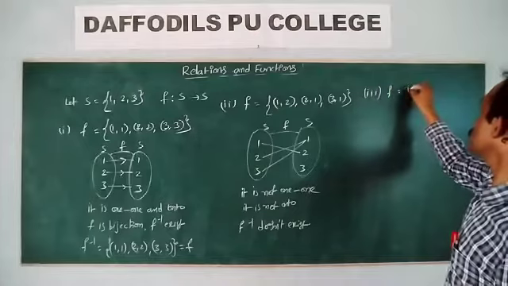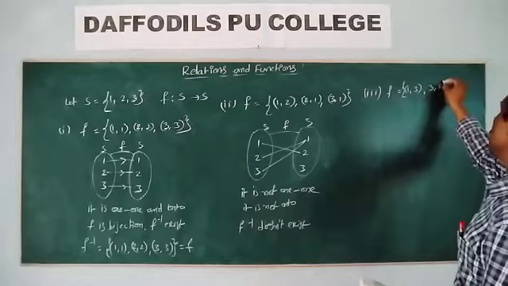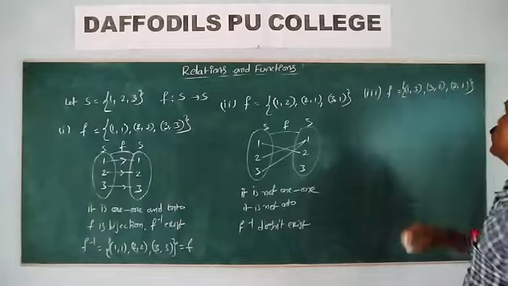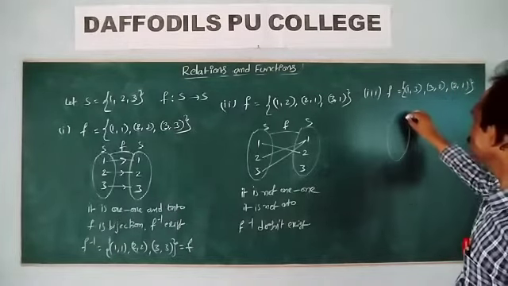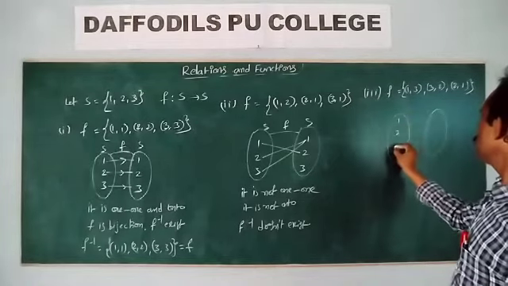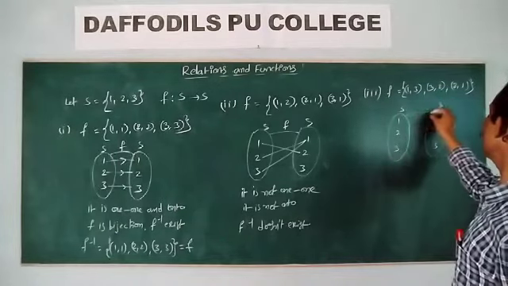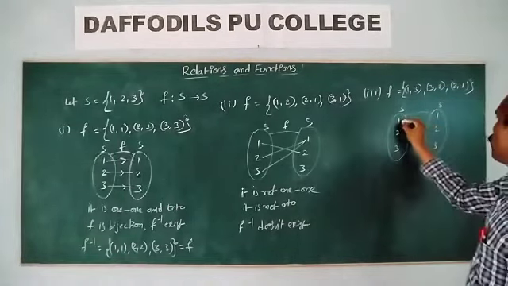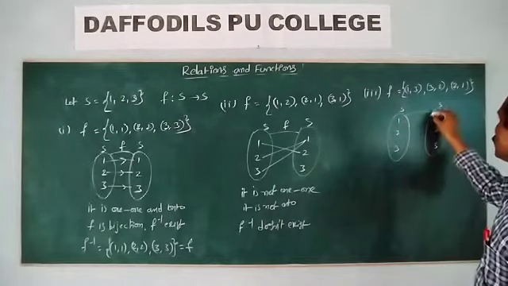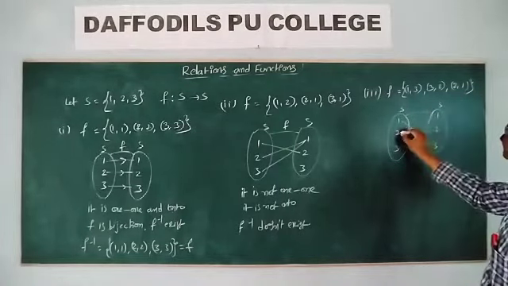Right? Third relation. F is equal to {(1,3), (3,2), (2,1)}. Under the function F, 1 goes to 3, 3 goes to 2, 2 goes to 1.